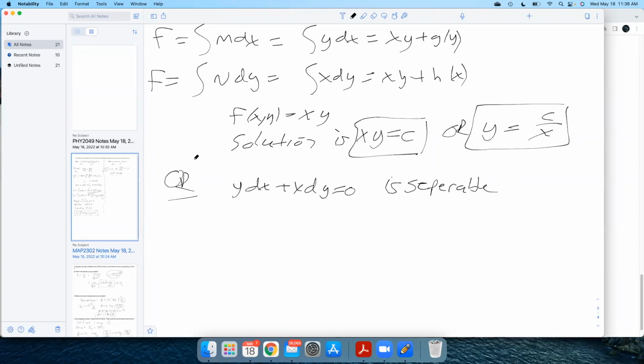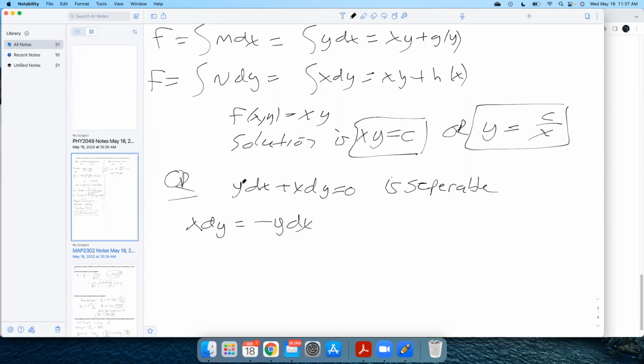It doesn't look separable right now. Separable usually means in differential form, everybody right here is x's and everybody right here is y's. But if I divide everything by xy, I could get it like that. Or if I put this in standard form, I'm going to move things around a little bit. I'm going to write x dy equals negative y dx.